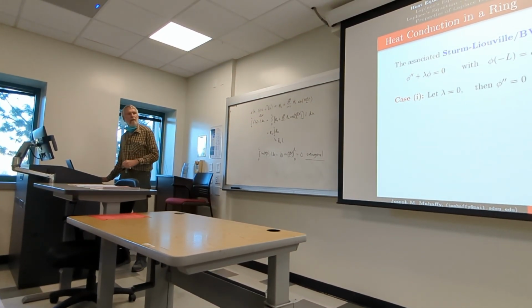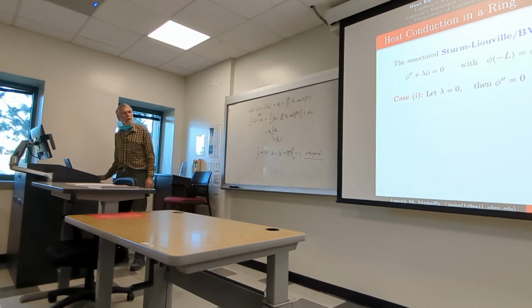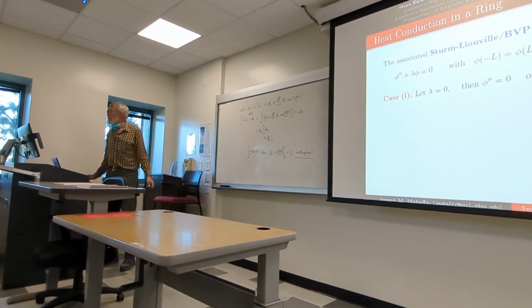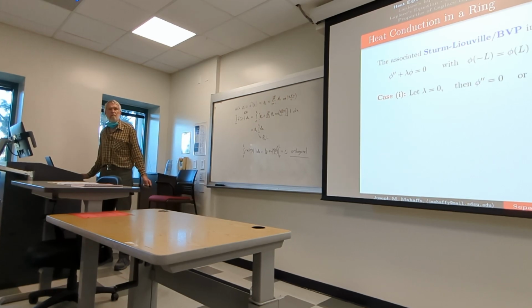Lambda equals 0. Again, we get the linear function by just integrating twice.